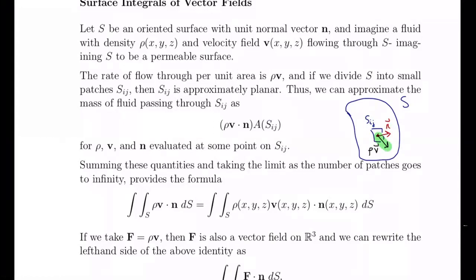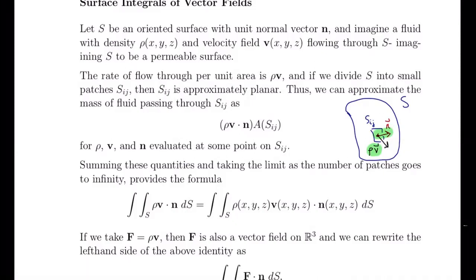So it is the flow rate per unit area. And we realize that rho v dotted with n is the component of the vector rho v in the normal direction. So what we want to measure is the amount of this flow that's pushing through in the normal direction of S.